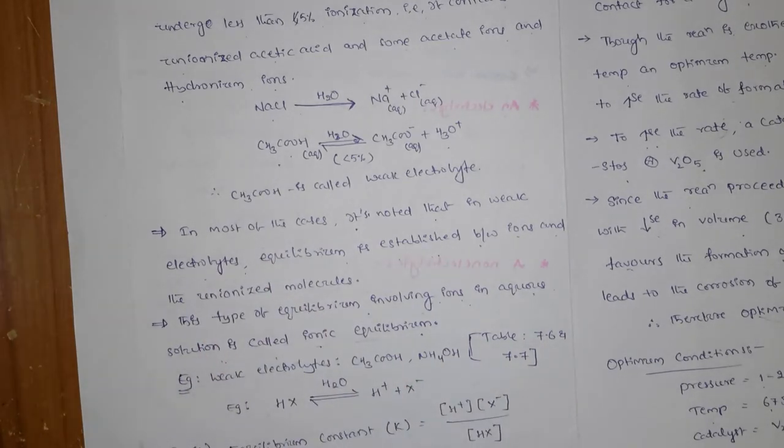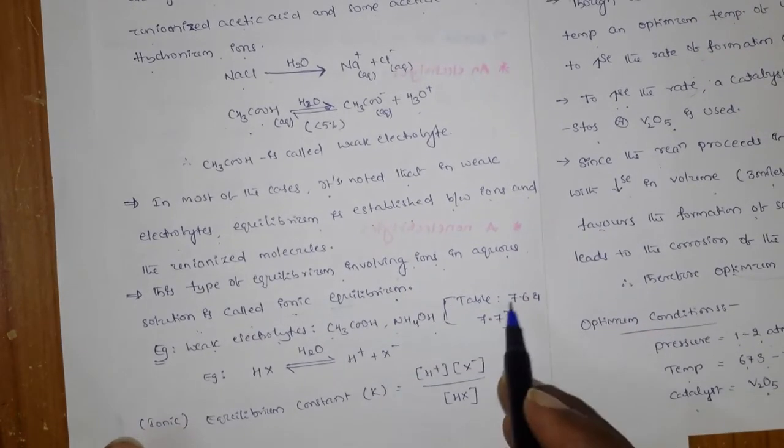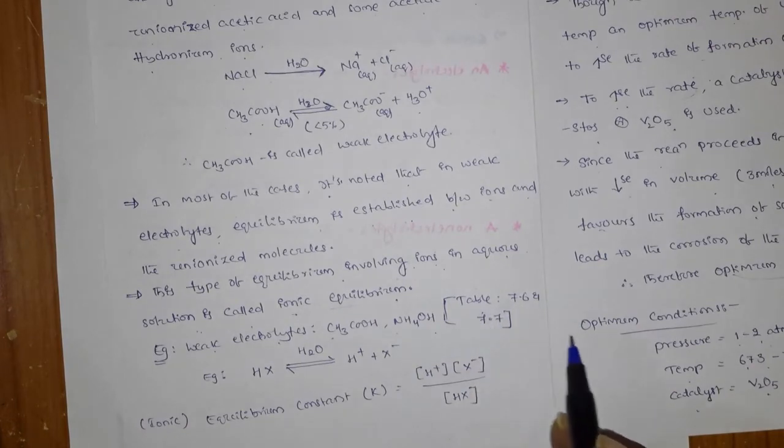So let us see a few weak electrolytes. For example, acetic acid is a weak acid, and ammonium hydroxide is a weak base. If you want to see more, look at tables 7.6 and 7.7 in your textbook, where you can see many examples of weak electrolytes.